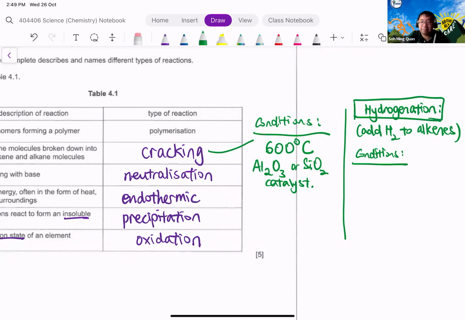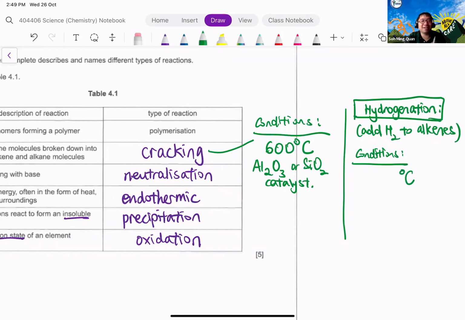Let's ask someone. Okay, C-Dash, would you like to tell us what is the temperature needed for hydrogenation of alkenes? Is it 600? 600 is for cracking, so it's some other 100. Would you like to try again?